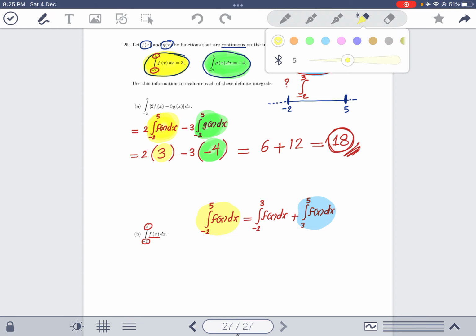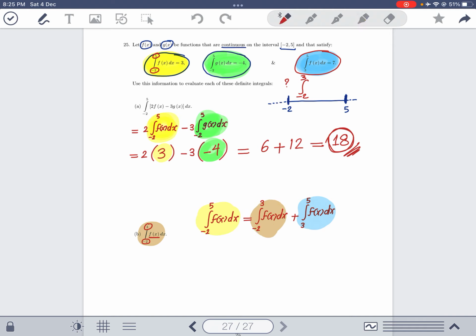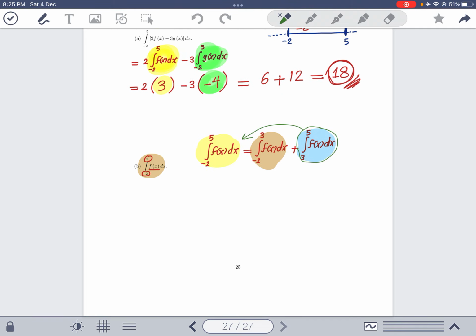And look now, what they're asking us, let's do it in this color, from -2 to 3 is what we have in the middle here. So we know how to get it now. We will move this one to the other side, okay? And look what happens.